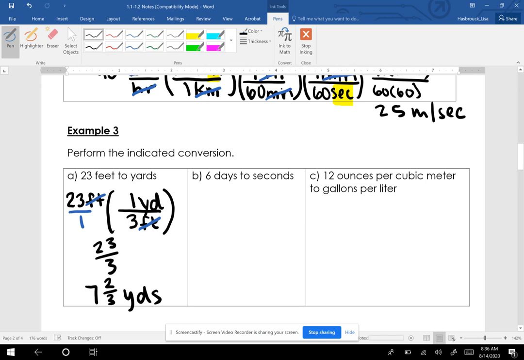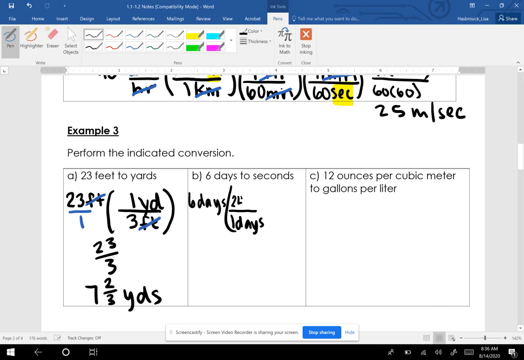For part B, we're changing 6 days to seconds. This is going to be a little more of a complicated conversion. We're going to have to convert multiple times. So I start with 6 days. First, let's change days to hours. Then we can change hours to minutes and minutes to seconds. So I'm putting days on the bottom to get rid of it.